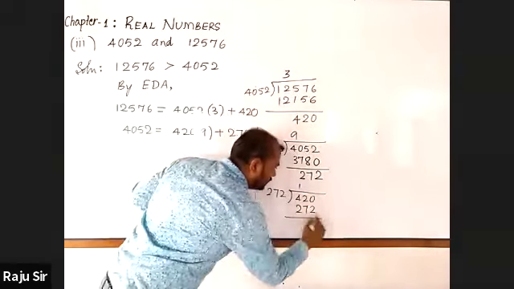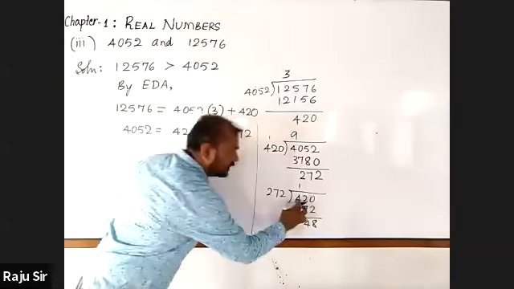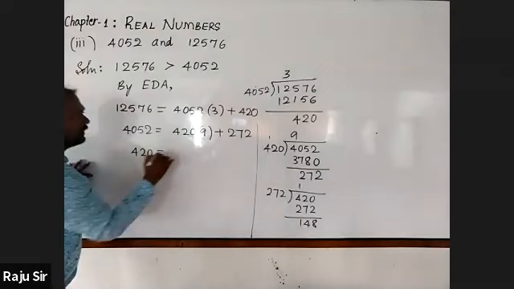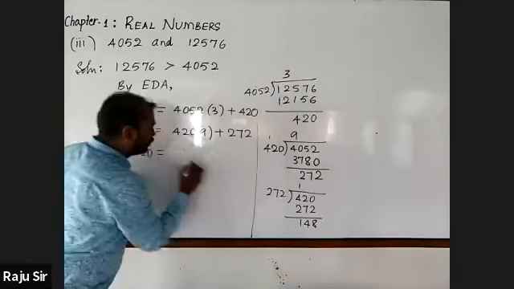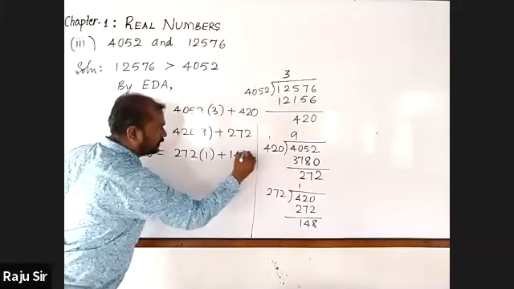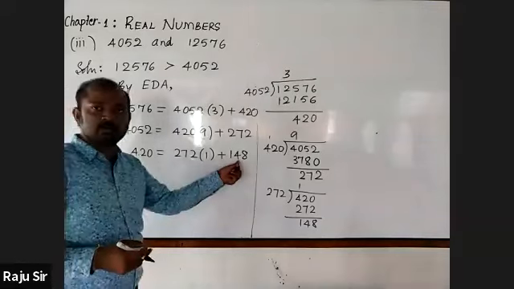Then subtract. 420 minus 272 is 148. Good. Now let us write 420 as 272 1s are 272 plus 148. Observe the remainder. It is not equal to 0.